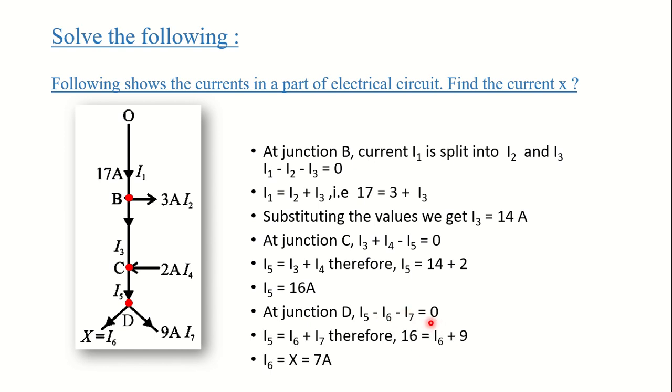If we solve this equation, I5 is equal to I6 plus I7. Therefore, we have I5 equal to 16, I6 we have to find out and 9 is the value of I7, which is given. So you will get I6 is equal to 7 amperes, which is the value of X which we are supposed to find out.